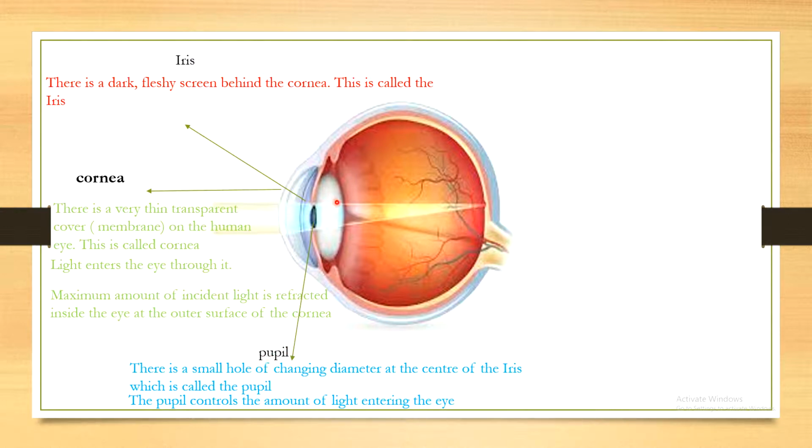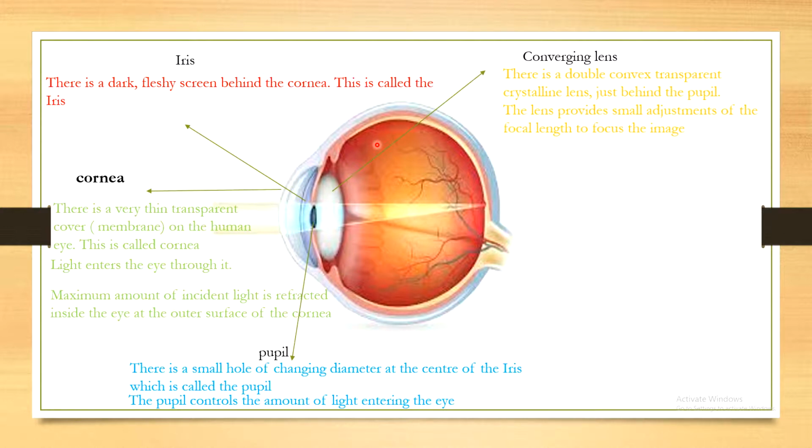Now exactly behind this pupil, there is a lens. This lens is called a converging lens. The lens provides small adjustments of focal length to focus the image.